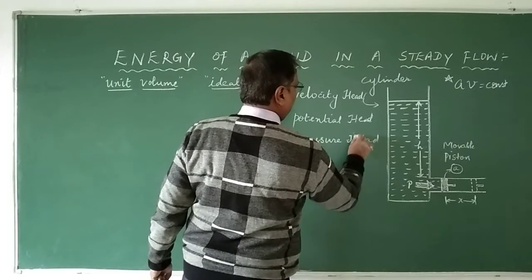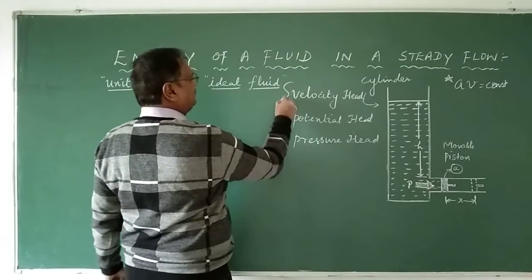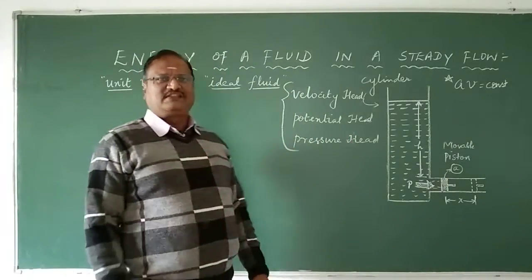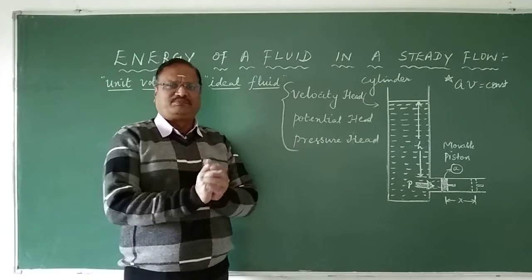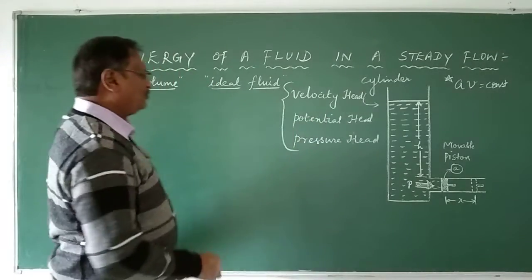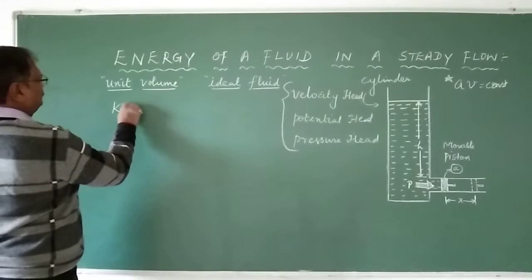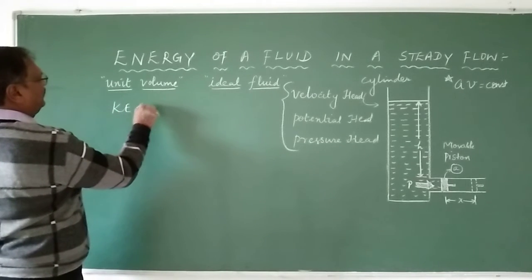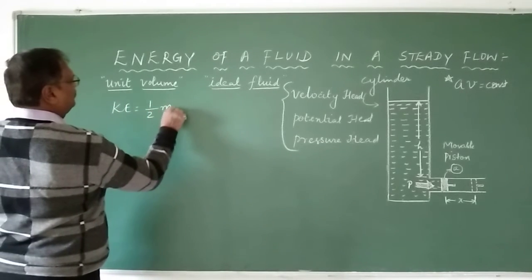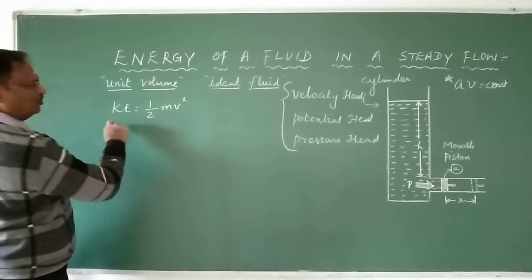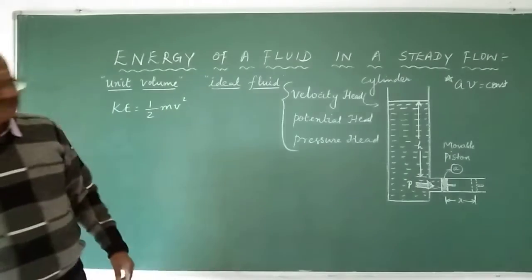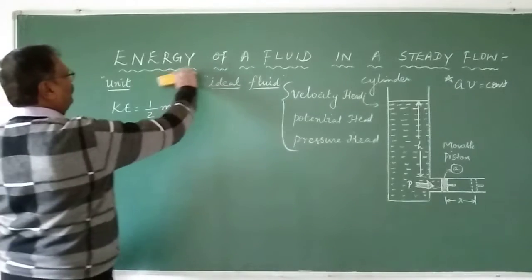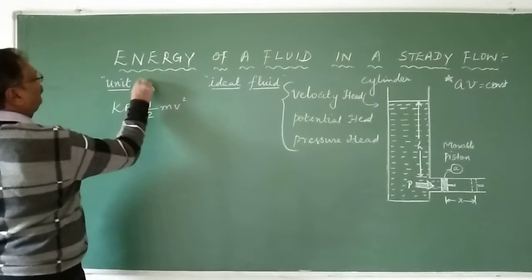These are the three terms. They are useful for you to do numericals; otherwise they are very simple. See, you know kinetic energy is half mv square. We said that per unit volume. You don't do it here for unit volume; we are going to do it for unit weight.